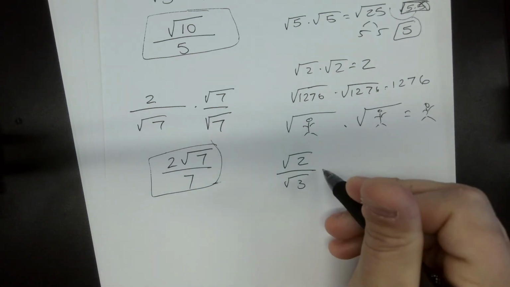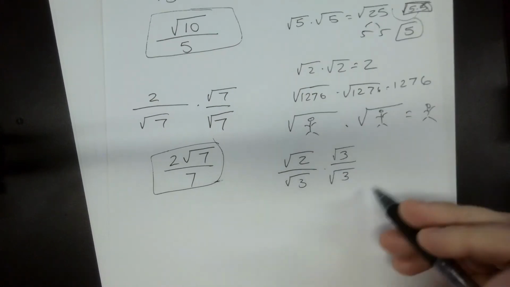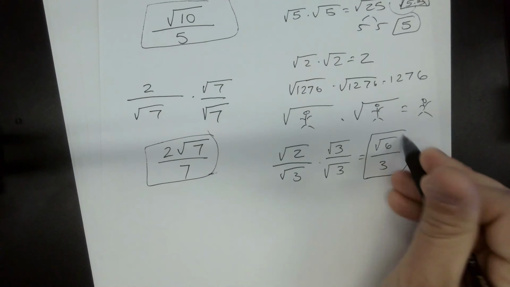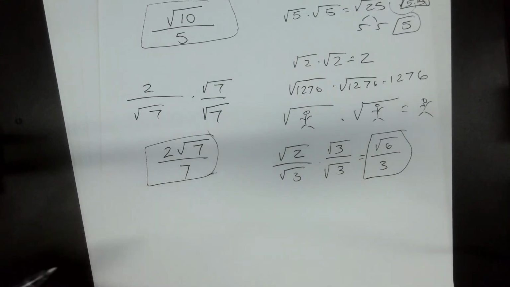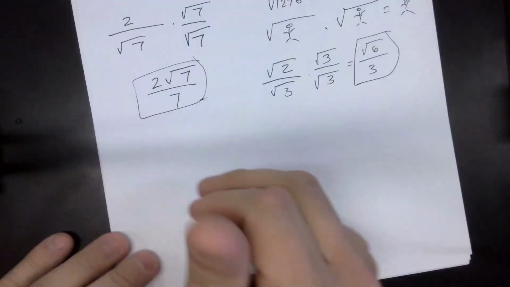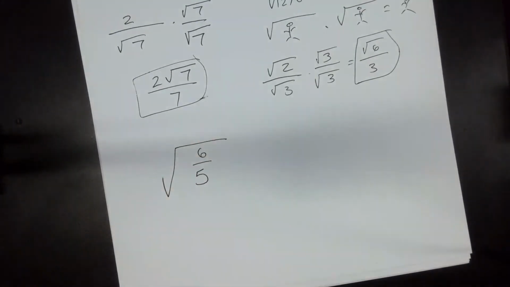Okay, so we should times the top and the bottom by square root of 3, which should give you the square root of 6 over 3 as your solution. Who got it? Okay, what about if we had the entire fraction underneath the radical like that? Watch.